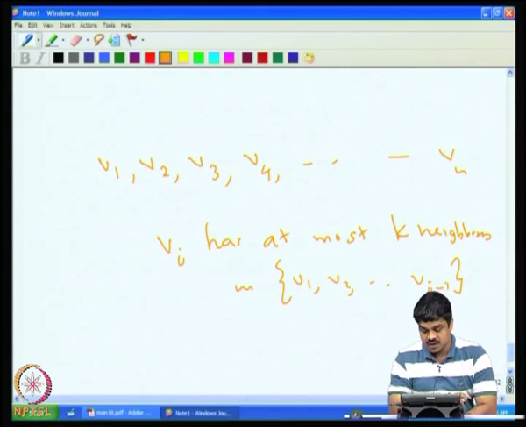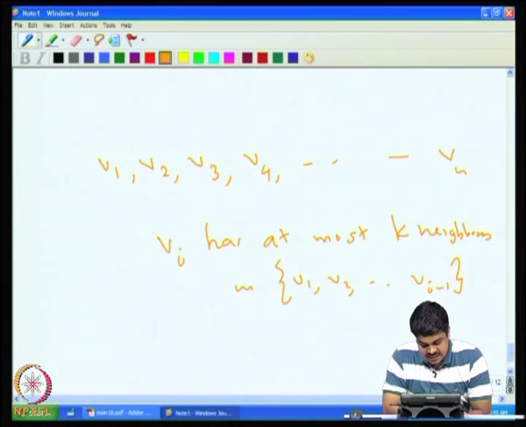Suppose such an ordering exists; we have seen that in this case k plus 1 colors are enough to vertex color the graph. Why? Because we will color V1 first, then V2, and V3 next, and so on.